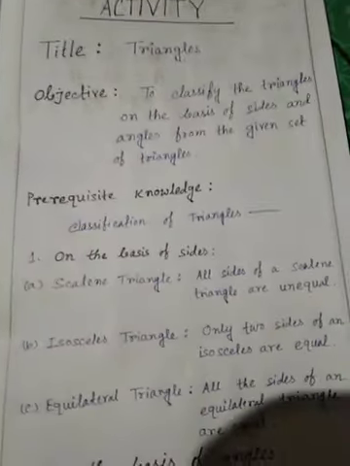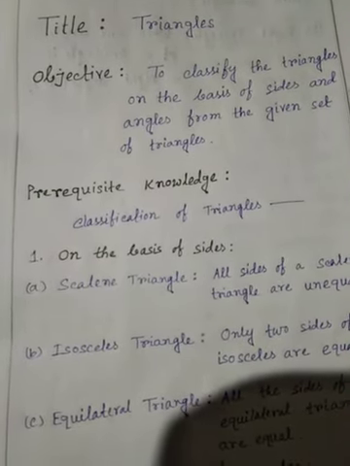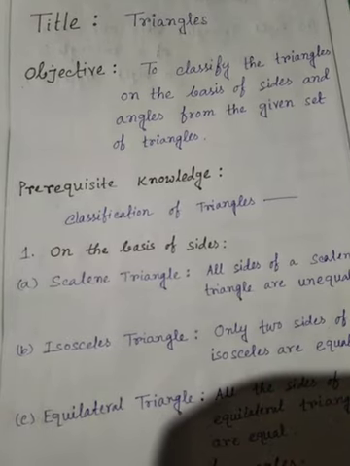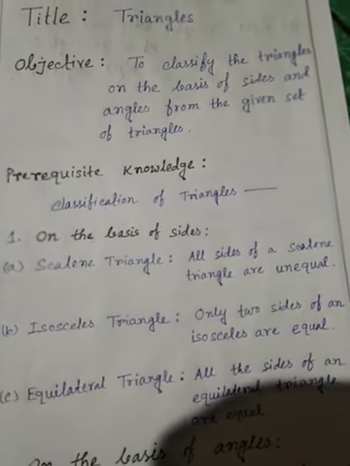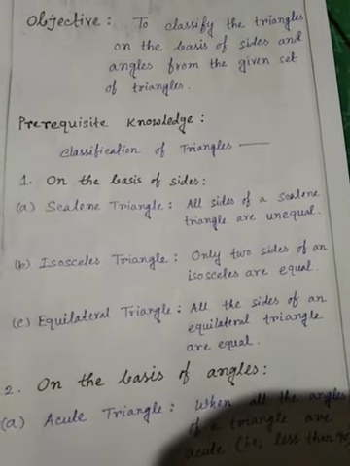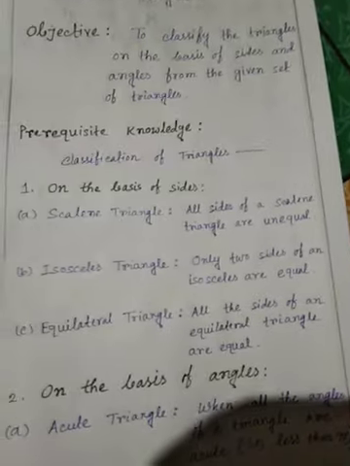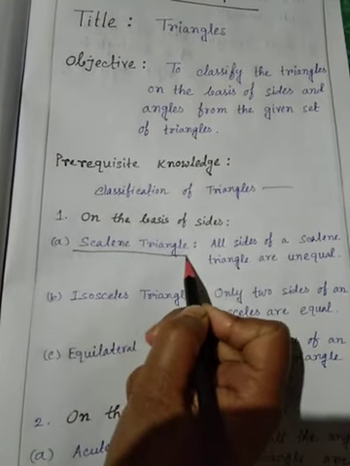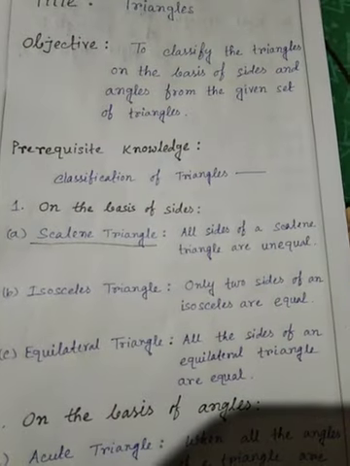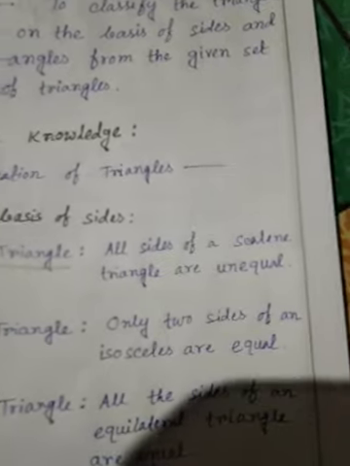Okay. Now for doing this activity we must have some prerequisite or previous knowledge. So here is the classification of triangles. On the basis of sides we have three triangles. First one, scalene triangle. Scalene triangle means all sides of a scalene triangle are unequal.